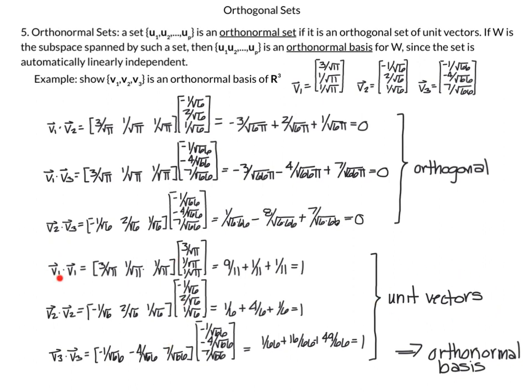Technically, here I only calculated v dot v, but I had to square root it to get the magnitude. But they are unit vectors. So because it's orthogonal and also unit vectors, this is an orthonormal basis. Since it's orthogonal, it is linearly independent, and since they're unit vectors, it's an orthonormal basis.